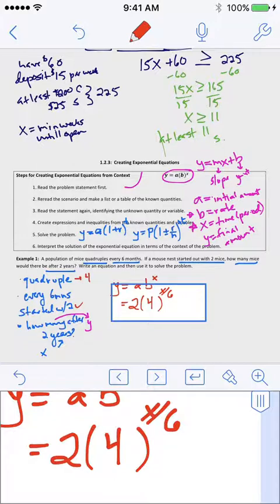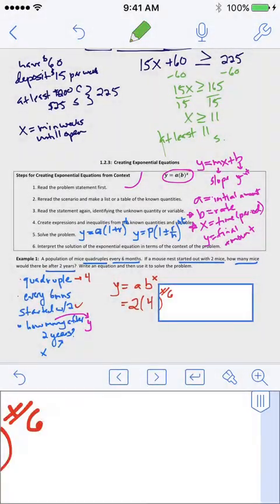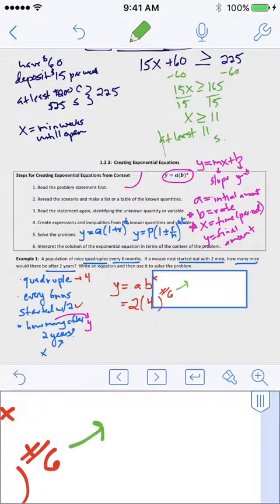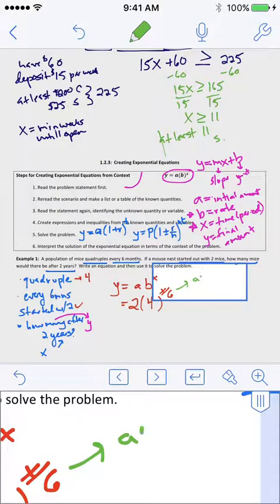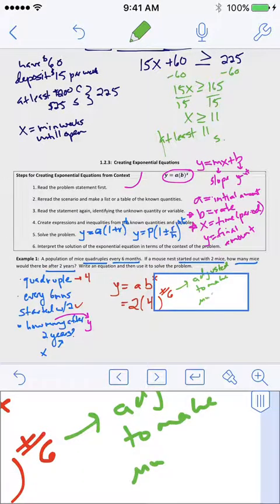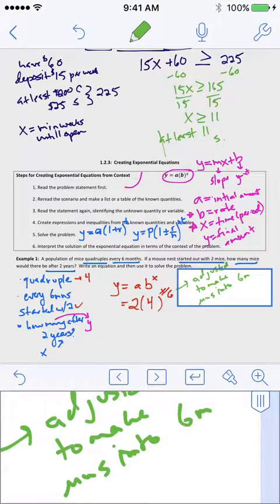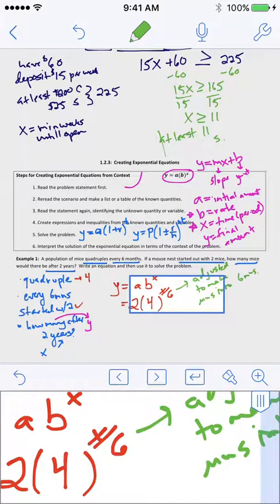We're going to talk about that in just a second, again, when we think about the question. But for right now, that's how I'm adjusting my time period. So we'll put a little note on the side here. This is how I adjusted to make months into 6 months. I divided it by 6. Okay, so x divided by 6.